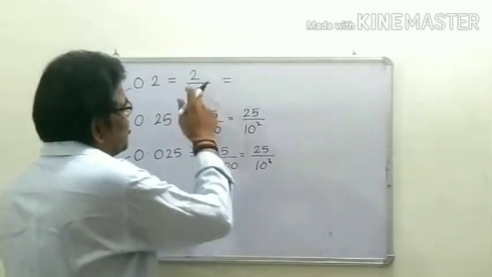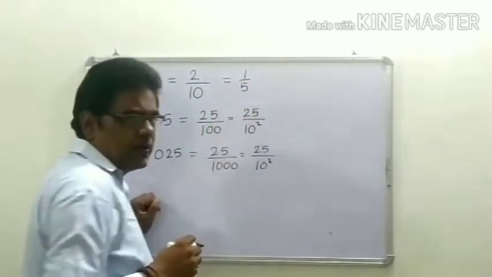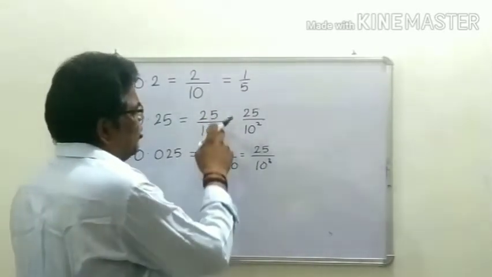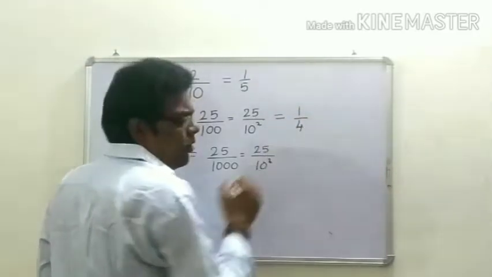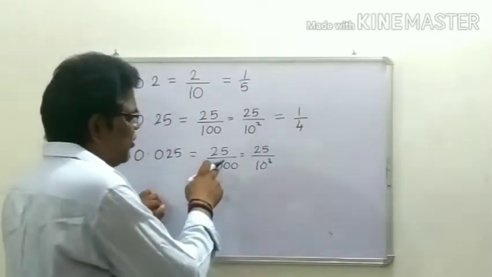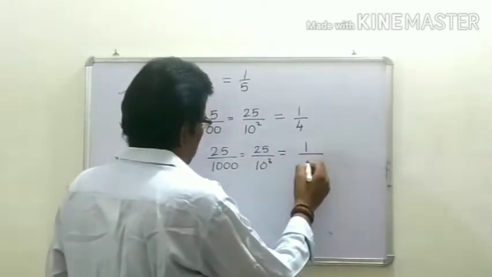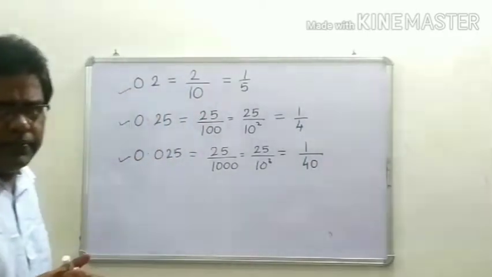If you reduce this to lowest terms, you will get 1 upon 5. If you reduce this to lowest terms, you are going to get 1 upon 4. If you reduce this to lowest terms, you are going to get 1 upon 40.